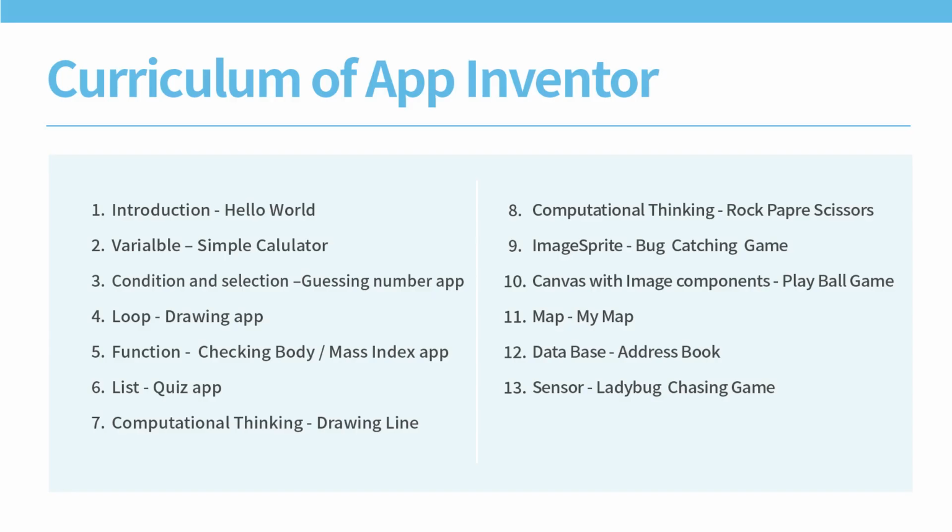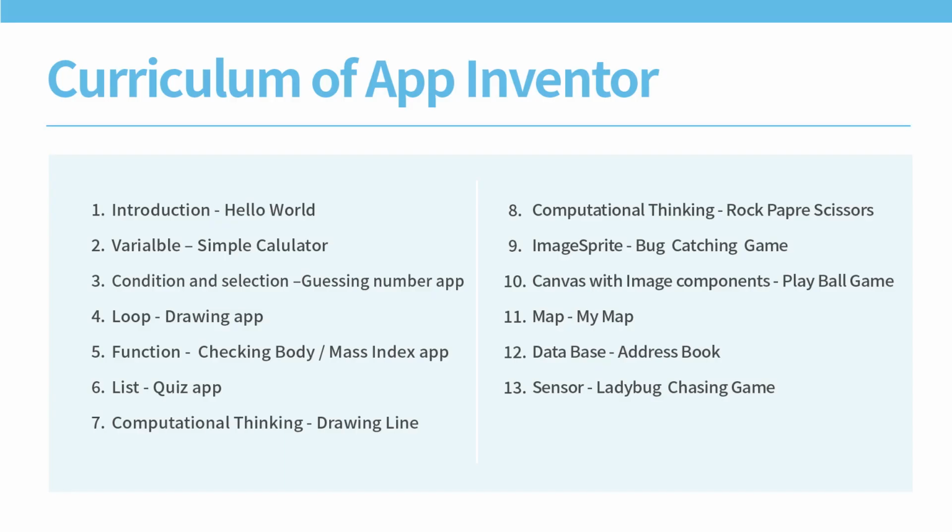In the fifth lecture, you will learn how to write a program using the function. In App Inventor, we call it a procedure. We are going to calculate the body mass index application using the function.